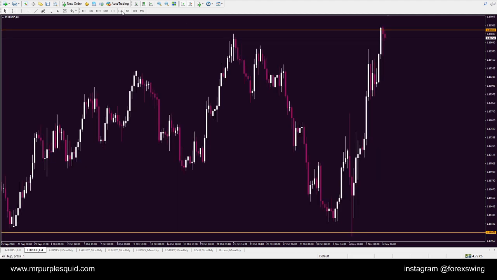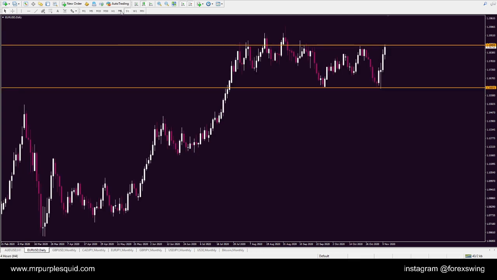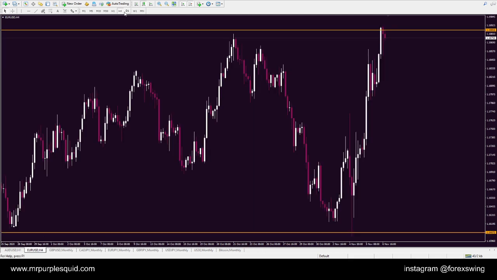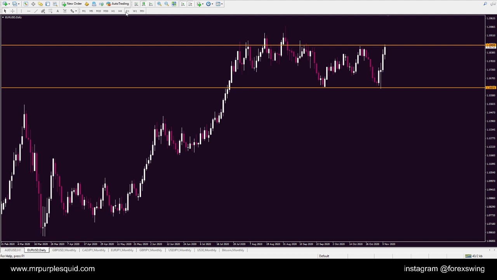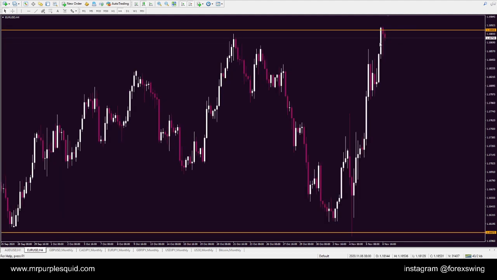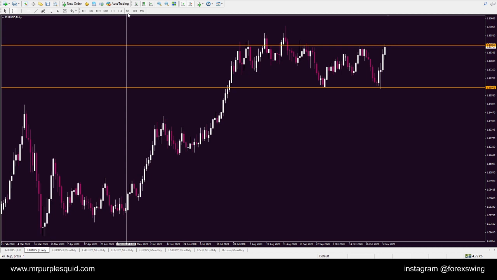That's the daily. Looking at this resistance, it seems funny.